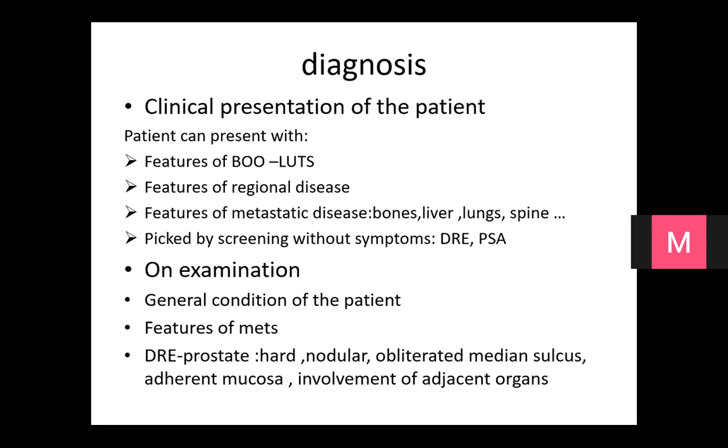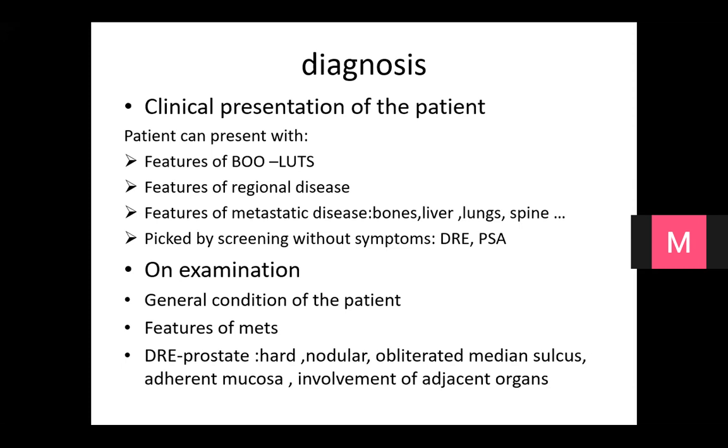These are patients you may find the patient has weakness of the lower limbs. We know that prostate cancer commonly metastasizes to the lumbosacral region because of the valveless veins of Batson, and so it's one area that gets the metastasis earliest.